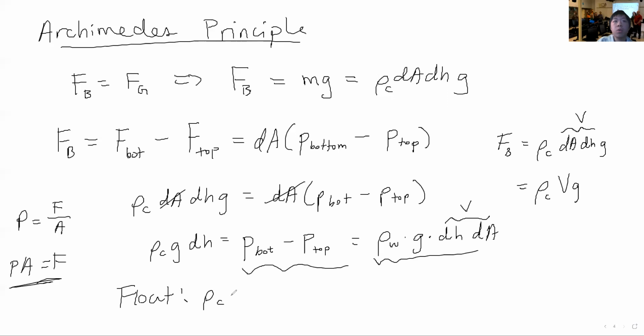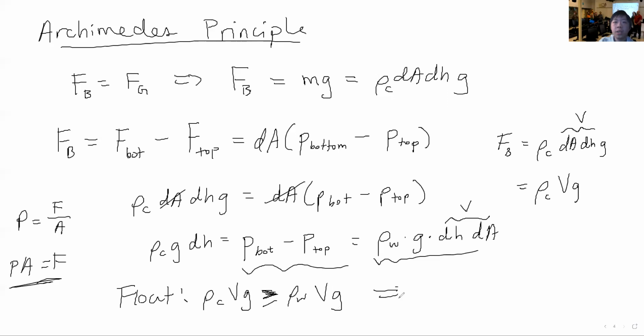So rho of C times V times G is equal to rho of water times the volume of the water times G. Or actually this can be greater than or equal to, because if the buoyancy force is greater than the force of gravity, then it's just going to float on top of the water, and there's going to be less of the actual object on top, right?